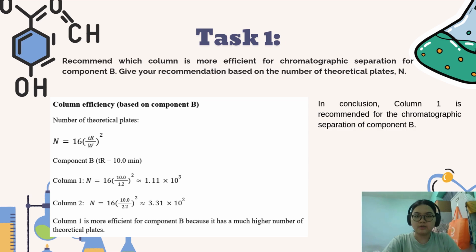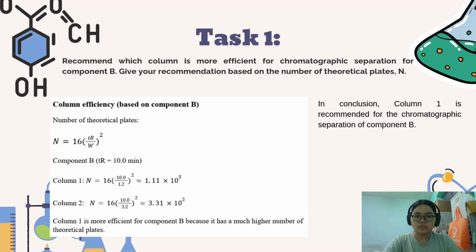For task 1, the column efficiency for component B was evaluated using the number of theoretical plates. The theoretical plate number was calculated by using the equation N equals 16 times (Tr over W) squared, where Tr is the retention time and W is the peak width at the base.